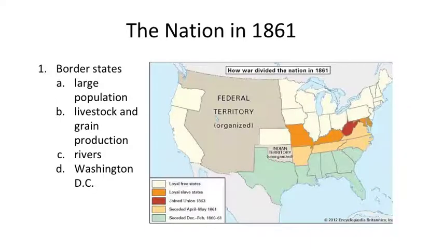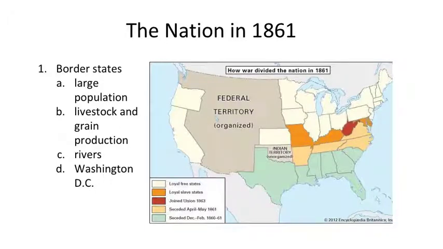And then also, especially with Kentucky and Missouri, they have key access to the rivers. The Ohio River is the northern border of Kentucky. That jagged border, that's the Ohio River, and that means as long as Kentucky remains, the Ohio River is completely in Union territory. And then you can see the Mississippi River is the eastern border of Missouri. And so that helps to ensure the northern half of the Mississippi River remains under Union control.